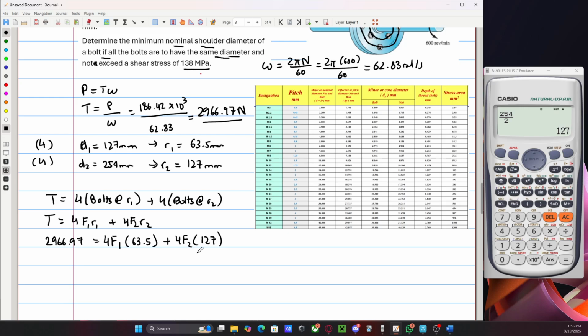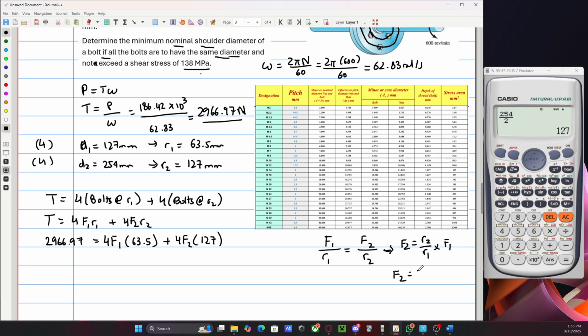Now we need a relationship between F1 and F2, and the relationship is that F1 over R1 will give you F2 over R2. Once we know this, we can work out F2 in terms of F1. So F2 is R2 over R1 multiplied by F1.